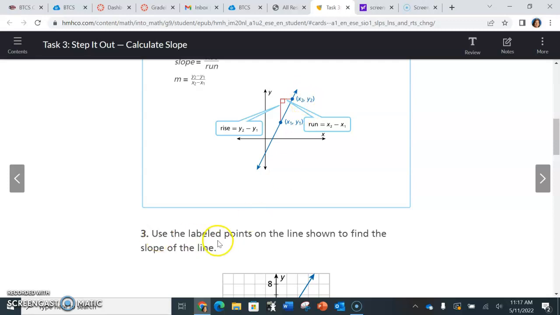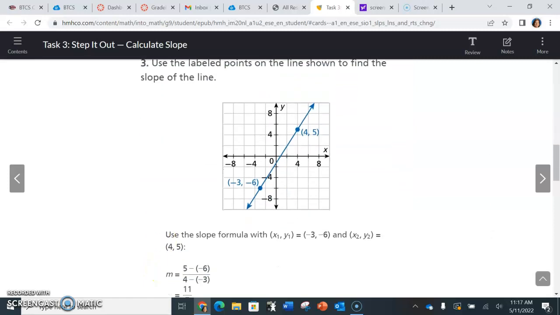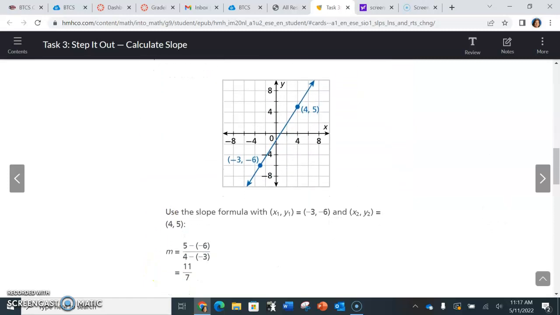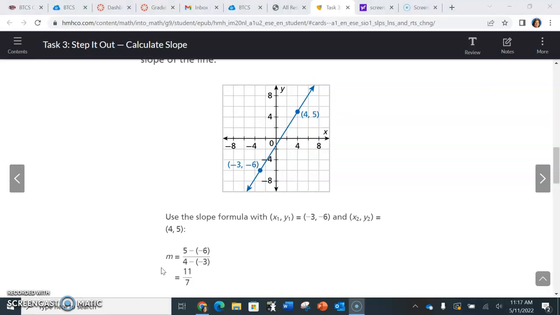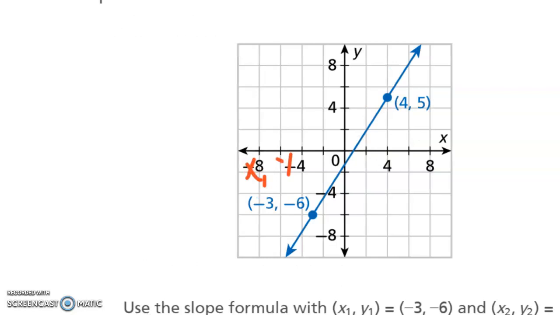All right, use the labeled points on the line shown to find the slope of the line. All right, so for this one, let's see if I can get my pen here to write. So for this one, we can label this as x1 and y1, and this is x2 and y2.